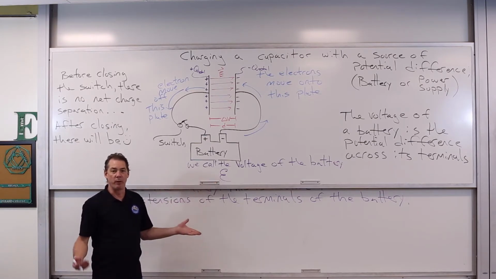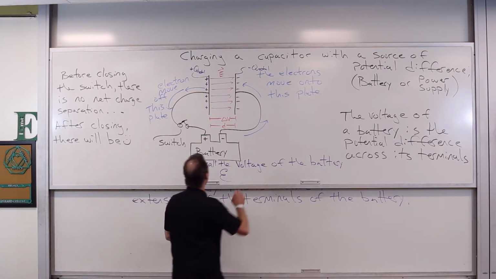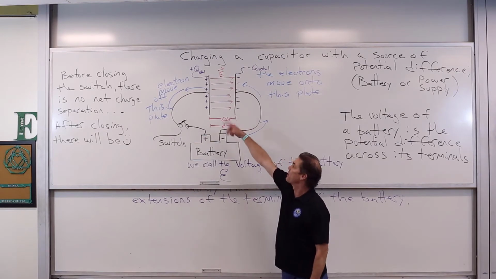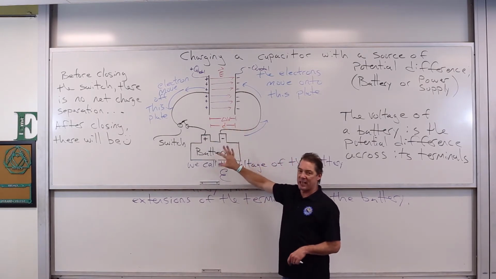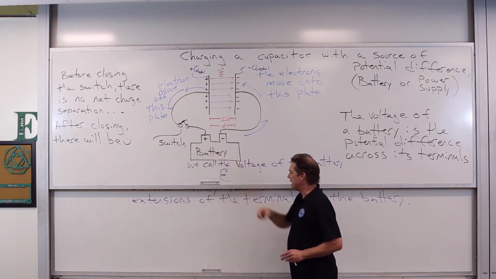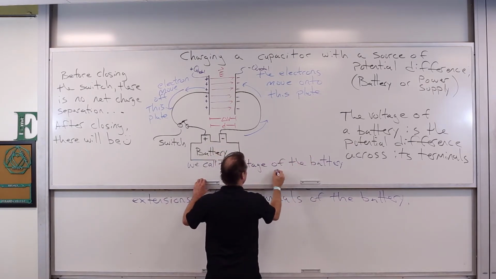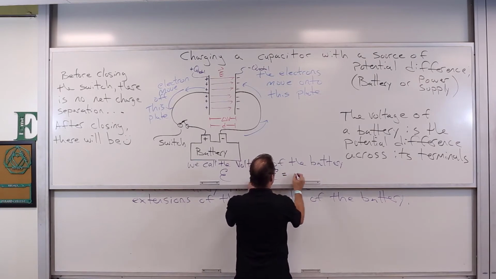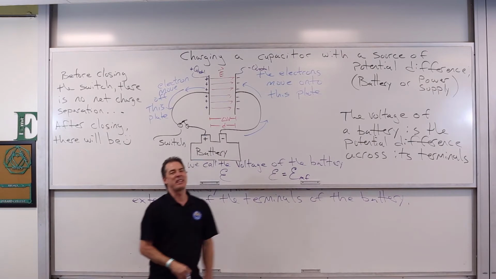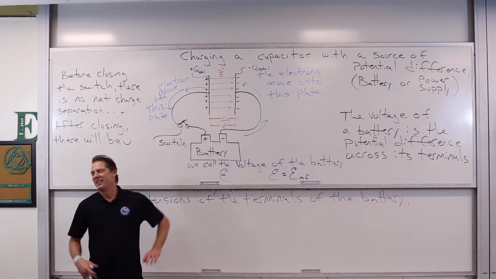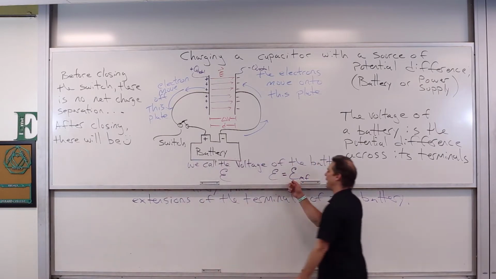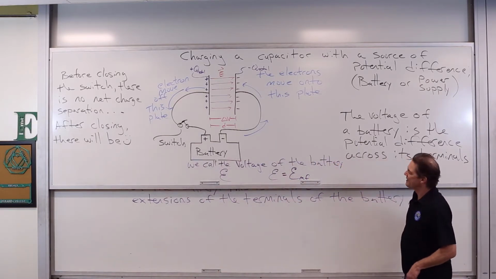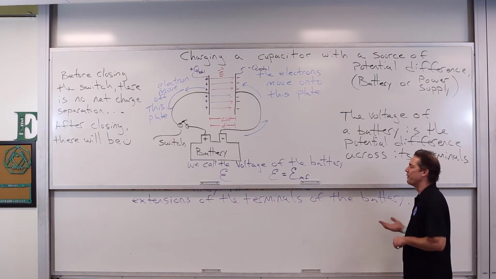It is some number of volts, but we utilize this so we don't start getting it confused with the potential difference across the capacitor. So typically we don't use delta V for batteries, we use this E. And E equals what is called EMF. EMF stands for electromotive force. It's not a force at all, so it's kind of a misnomer, but this is what it stands for, and it signifies the working potential of the battery.